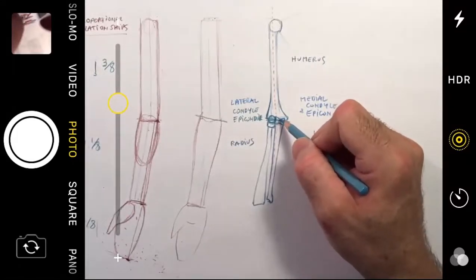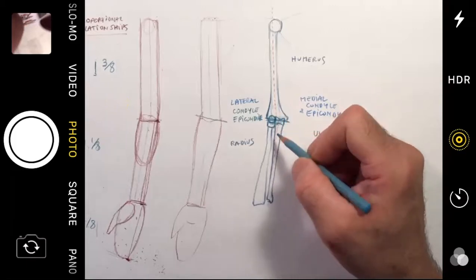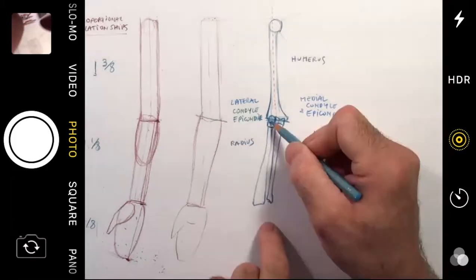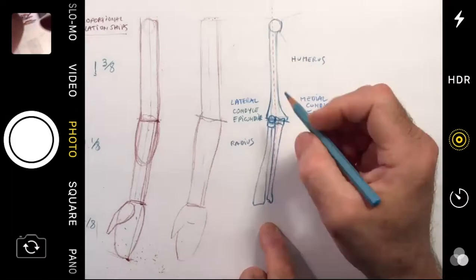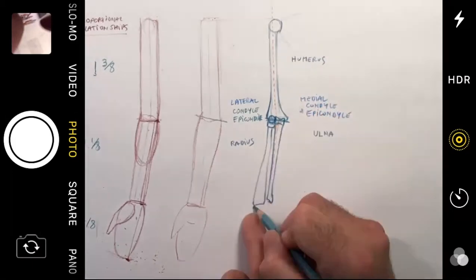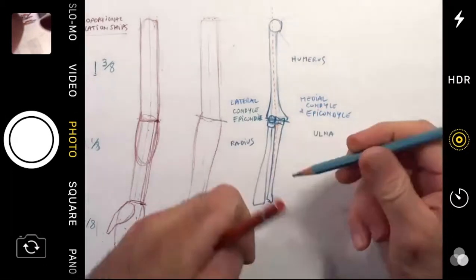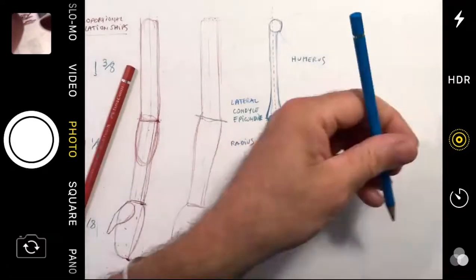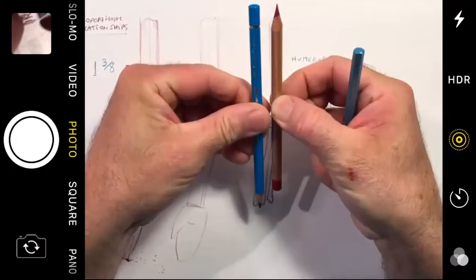The ulna starts higher and ends up higher. The radius instead starts lower and ends up lower, right? So they are not perfectly parallel, but going to be like this, right?